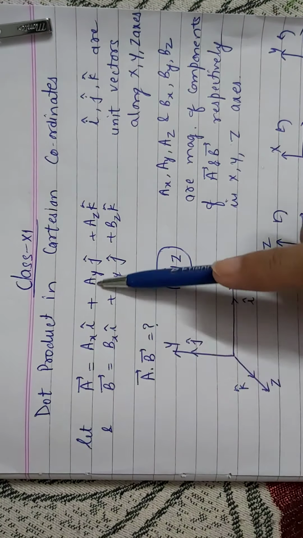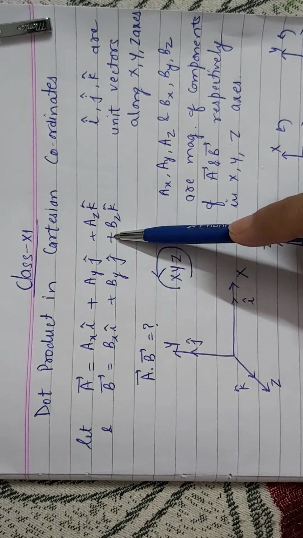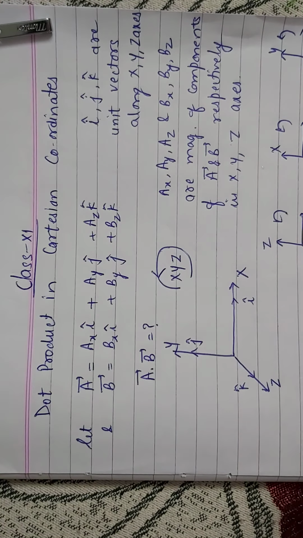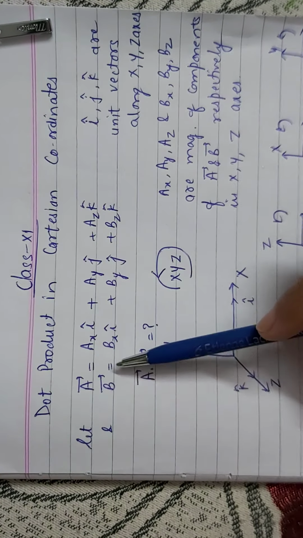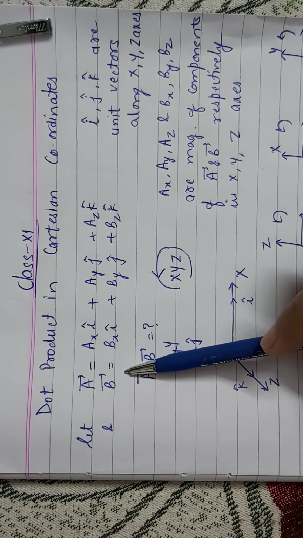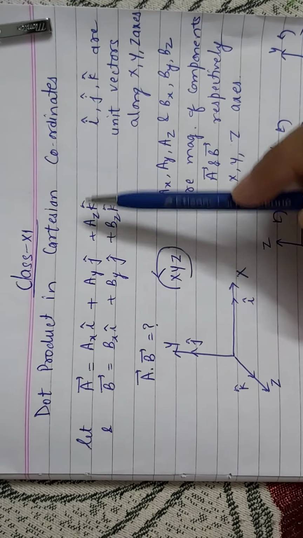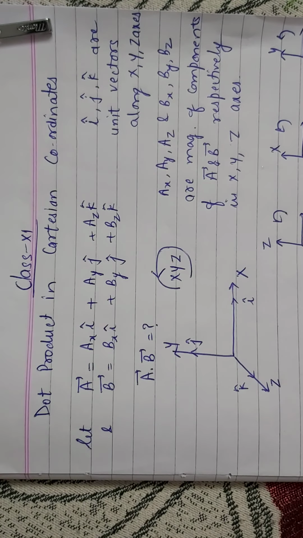Here ax, ay, az and bx, by, bz do not have a vector sign on them as they represent magnitudes. Being vectors a and b, they must have direction also.